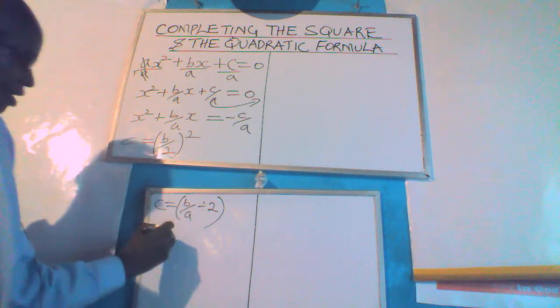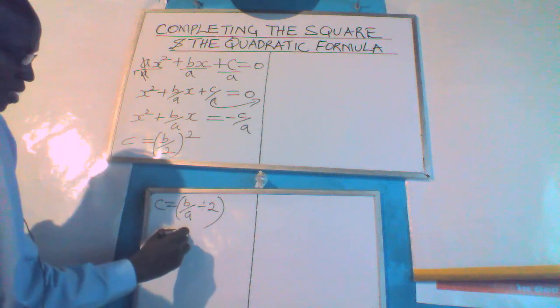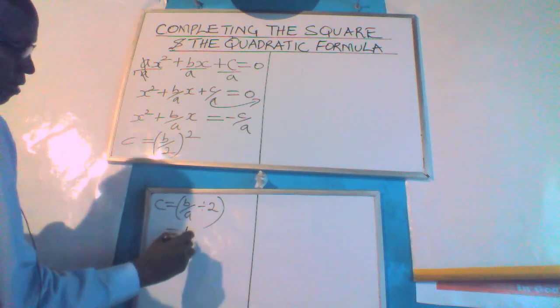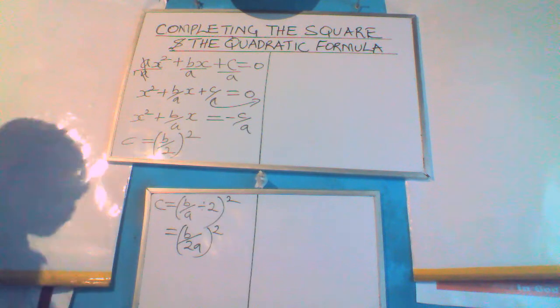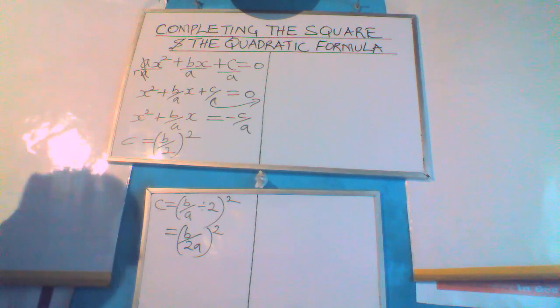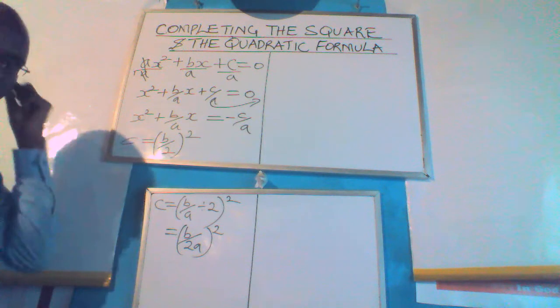Now this translates into b all over 2a into bracket squared. So we have found our new c as b over 2a squared.